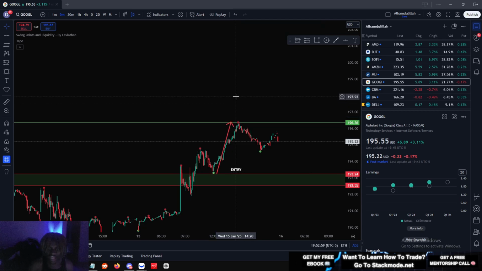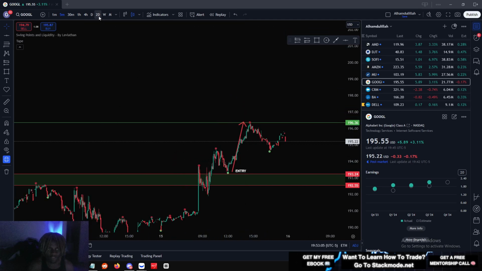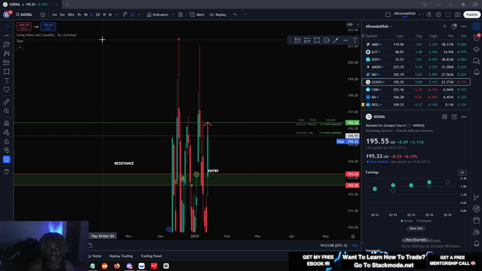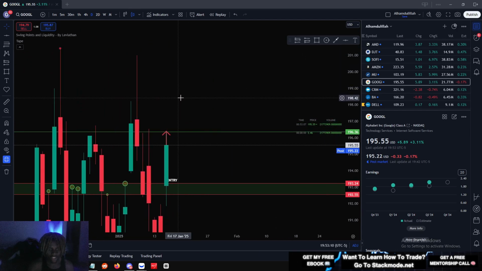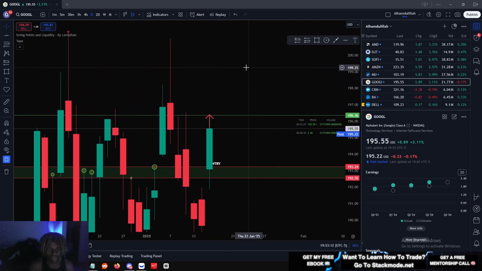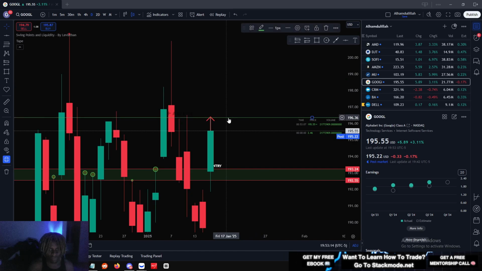Exactly. Why? Because it's falling there. So instead of predicting where price is going to keep falling from, because right after this breakout, price decided to just continue to keep going.